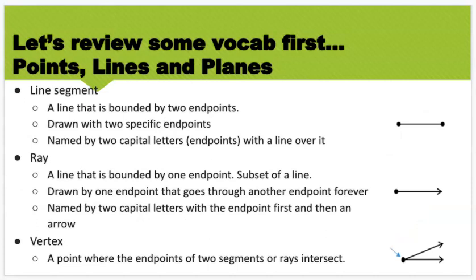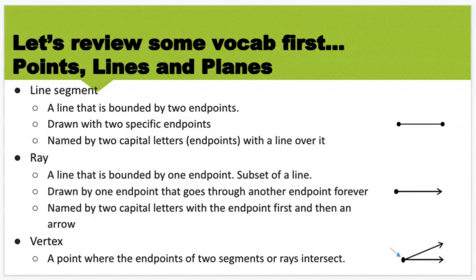Okay, then we also have line segments, which are a line that's bounded by 2 endpoints. It has to have 2 endpoints specified, and it's named by 2 capital letters with a line over it. A ray is bound by 1 endpoint, and it's a subset of a line. It's drawn by 1 endpoint that goes through another endpoint forever.